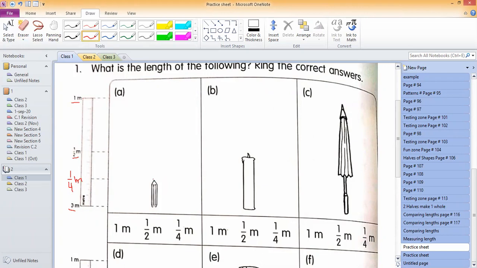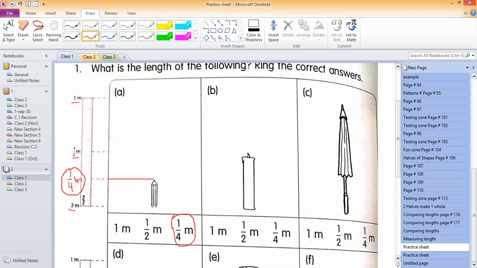This pencil's height is reaching up to this, and this is actually quarter meter. So the length of this pencil is quarter meter. So I will circle quarter meter.